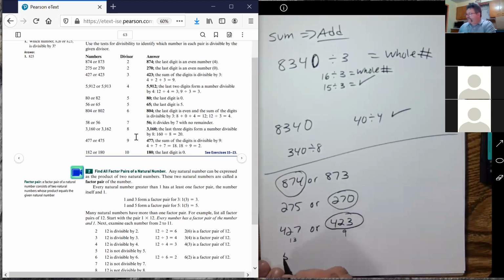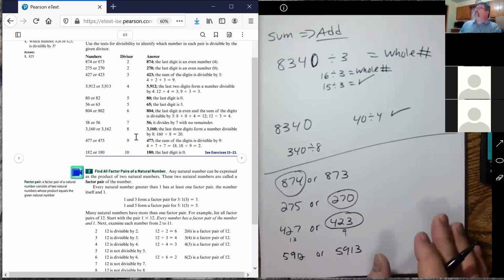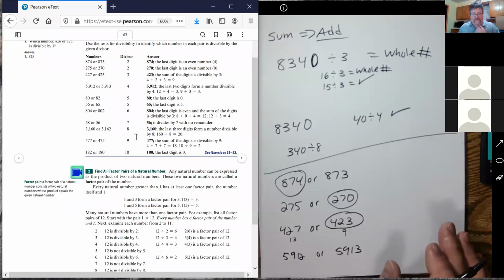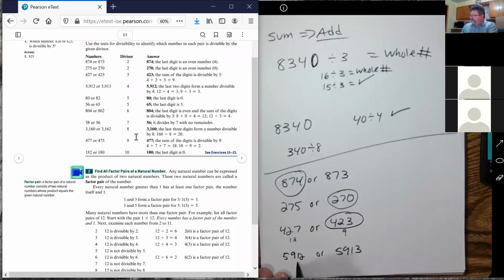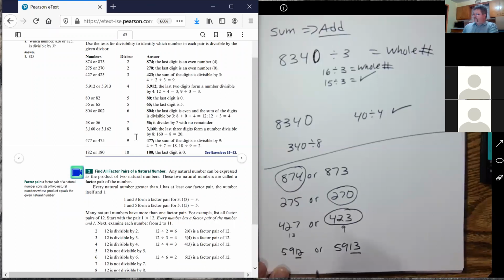Okay. What's our next one here? 5,912 or 5,913. The question is, which one can I divide by 4? Now, the test for dividing by 4 was if the last 2 digits form a number that can be divided by 4. So that means I only need to consider the 12 or the 13. Which one of those can I divide by 4?